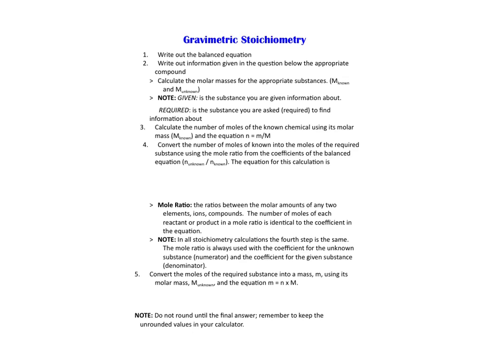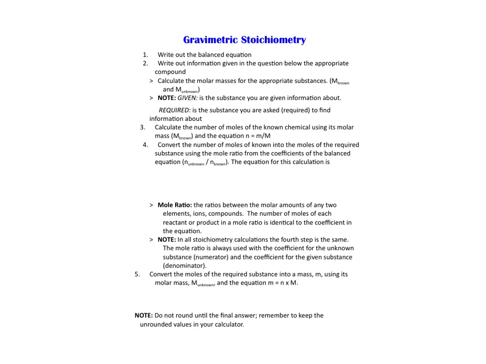First and foremost, every time you must write out a balanced equation. You will be searching in the dark for a right answer if you don't have a balanced equation. We're going to use those coefficients like we did in our dissociations. Next, we're going to write out the information given in the question below the appropriate compound.